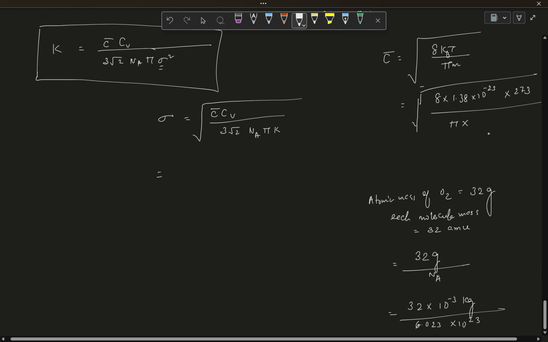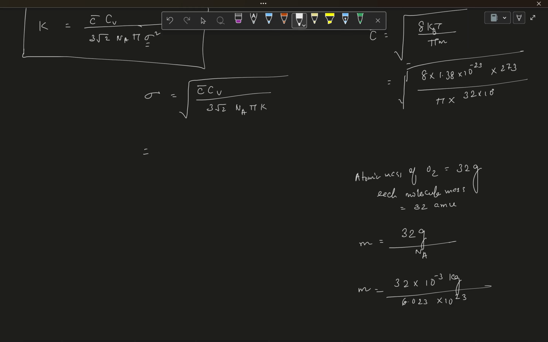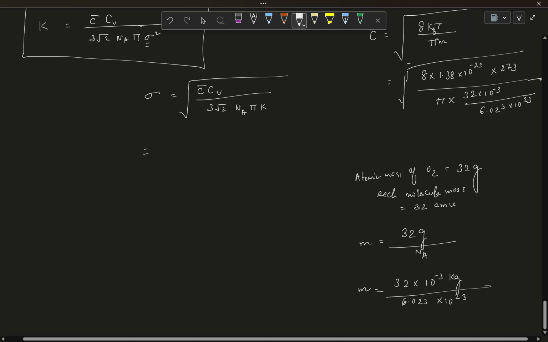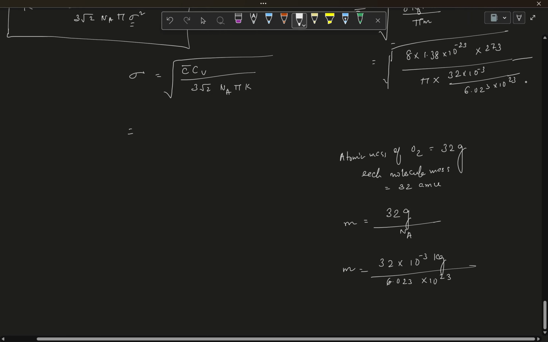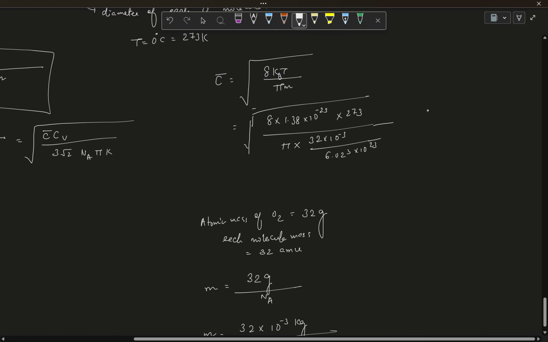Okay, so this is M. 32 into 10 to the power minus 3 divided by 6.023 into 10 to the power 23.